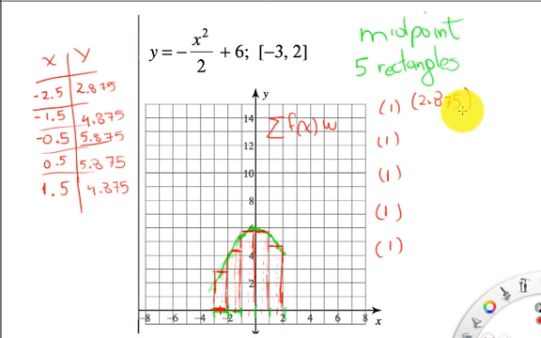And then the next one is going to be -1.5, so it's 4.875, and it's going to be symmetric to this one over here because these two are the same height. So I'm going to have 2 of those. And here we're going to have the function values at -0.5 and 0.5 respectively, which are 5.875.